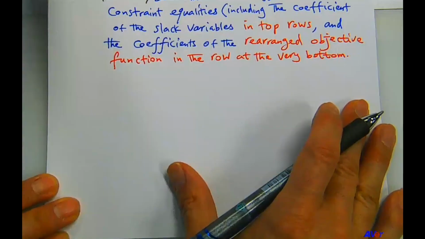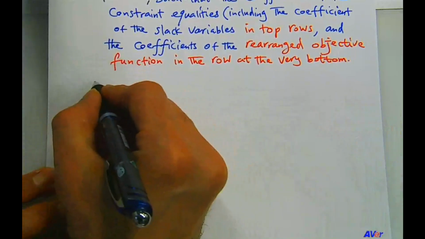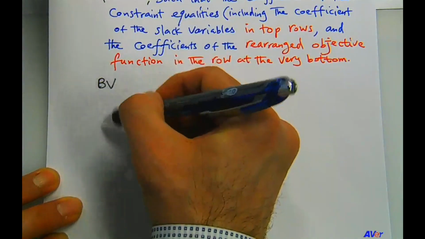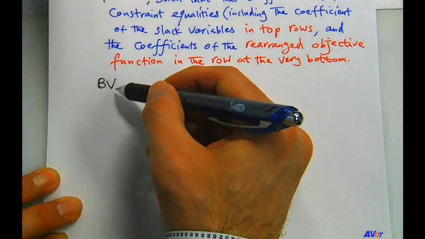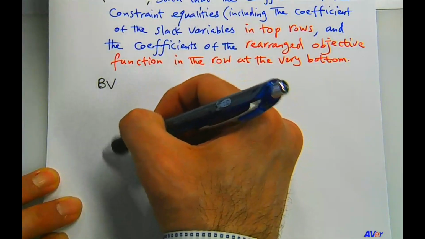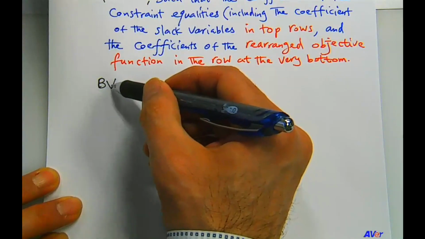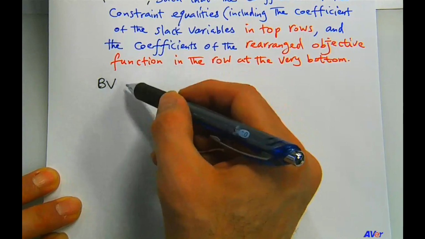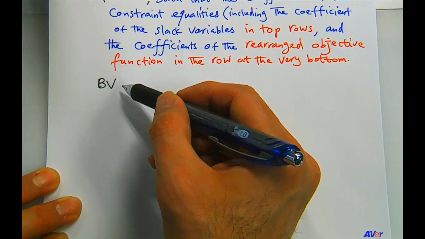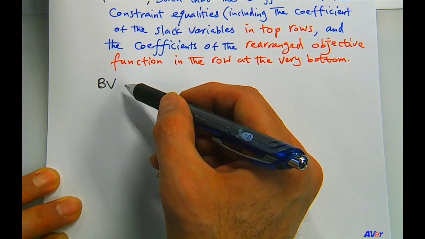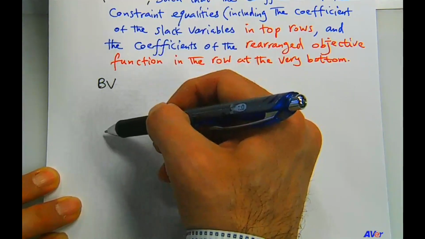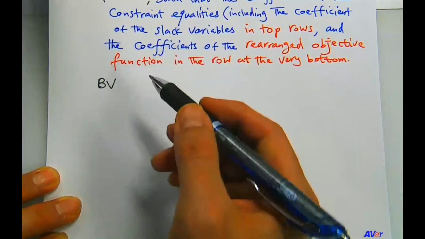Okay, so here's one example of an initial simplex tableau. Even though we're not going to use this column, I want to mention it because your book mentions it. When we get to the method itself, we don't really need this column, but because it's in your book, I'm going to talk about it once.